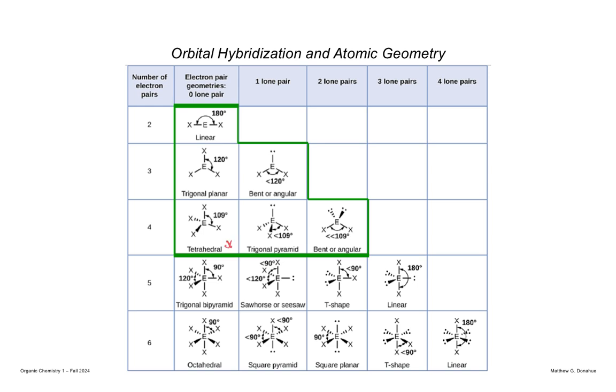So tetrahedral, this would be your sp3 hybridized carbon. Trigonal planar, that would be your sp2, and then linear sp.